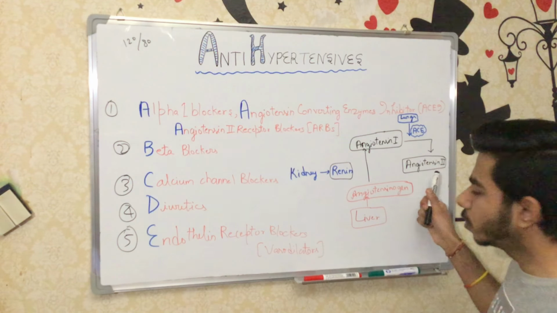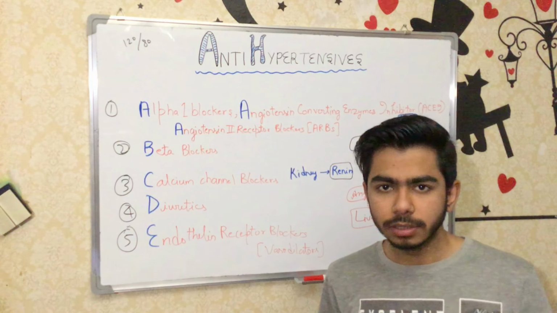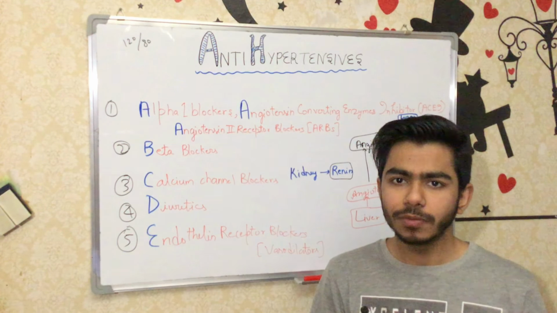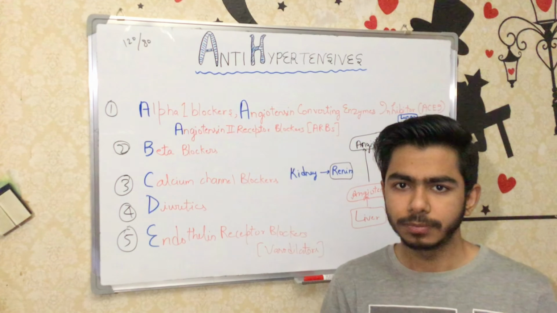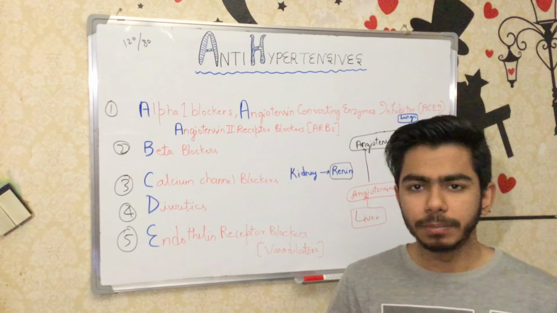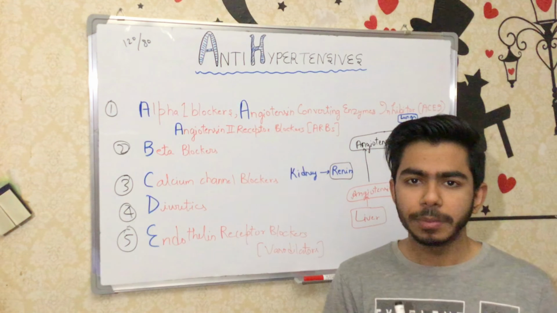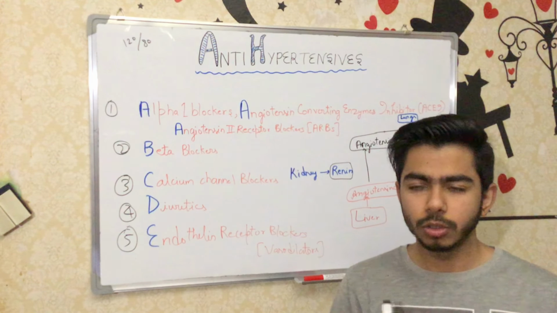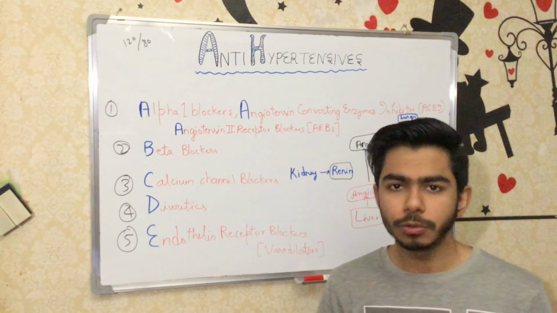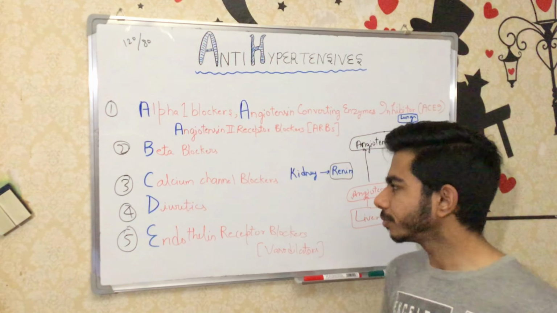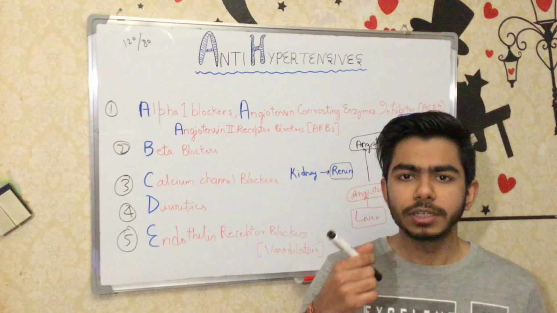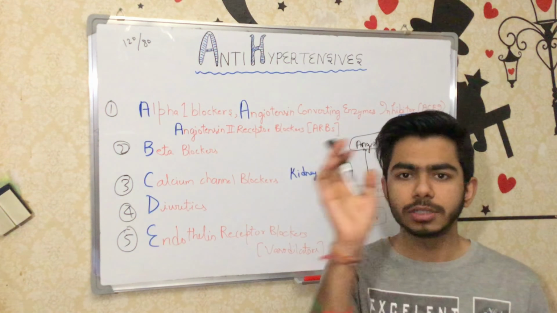Angiotensin 2 will bind to its receptors, and the zona glomerulosa of the adrenal cortex produces aldosterone, okay, which will help in increasing the blood pressure by retaining sodium and water in our body. So as sodium and water are retained in our body to increase blood pressure, there will be increased venous outflow, increased venous return to the heart.